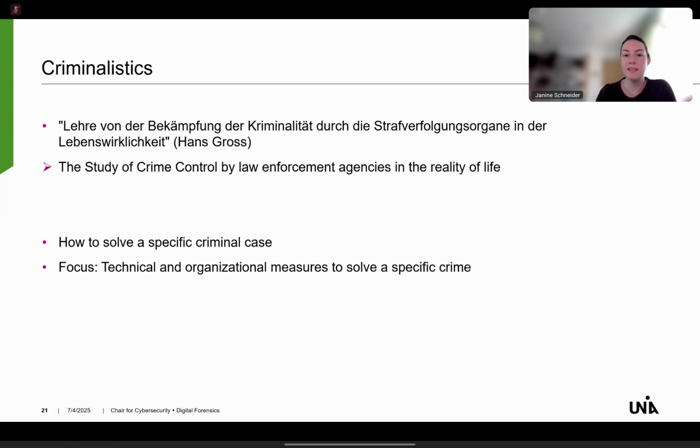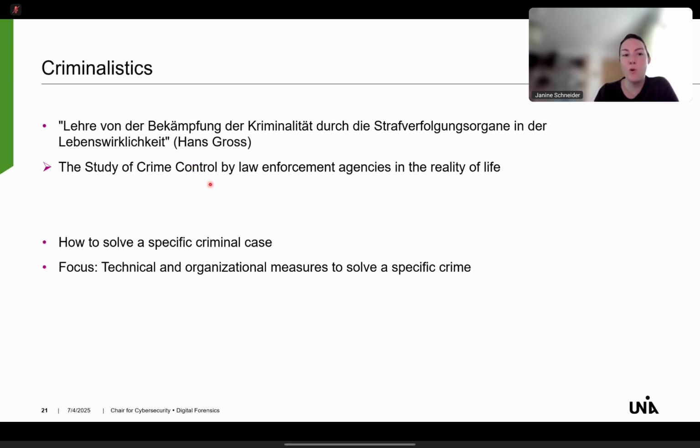And criminalistics, we talked about that in the very beginning of this summer semester. Criminalistics is the study of crime control by law enforcement agencies in the reality of life. This is the definition by Hans Groß. It's difficult to translate. In German, it makes a little more sense, I think. But I think you get the main points.